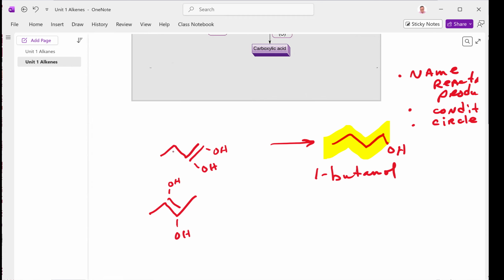Top or bottom? Which one? Top, correct. Because the bottom one doesn't yield anything with a terminal OH group. So we're not going to start with that. And remember now, when we add water across the double bond, we get a mix.